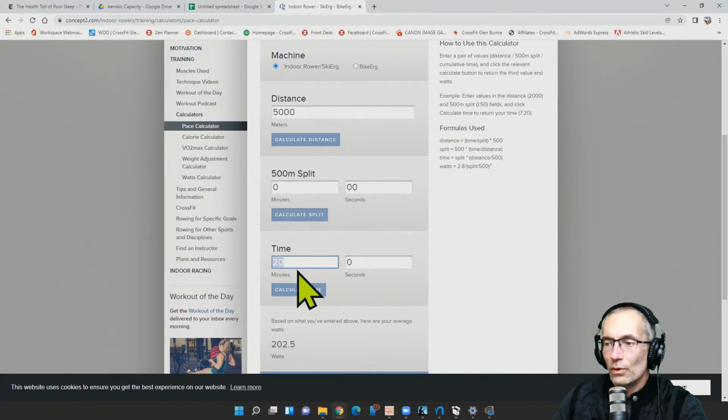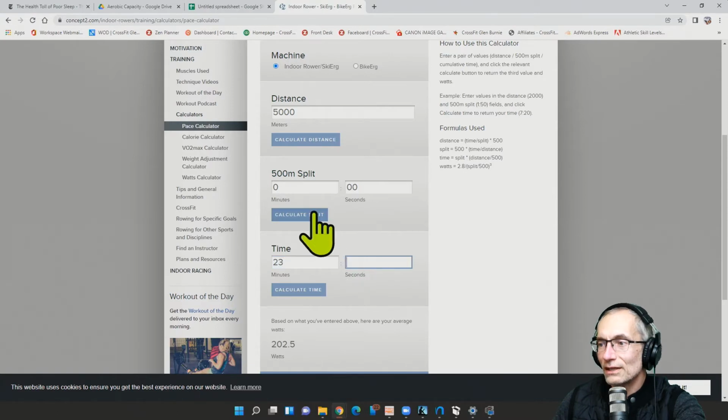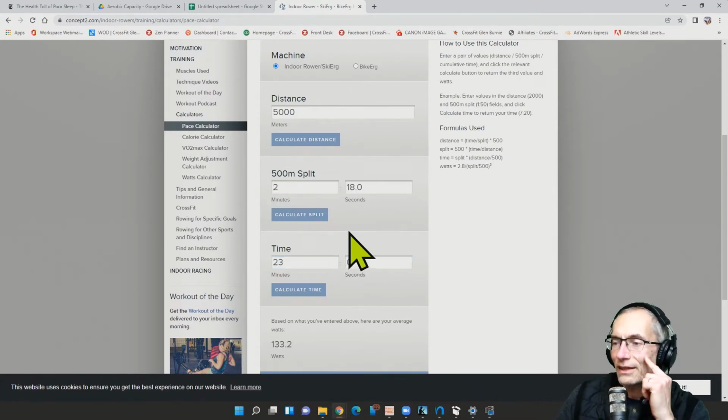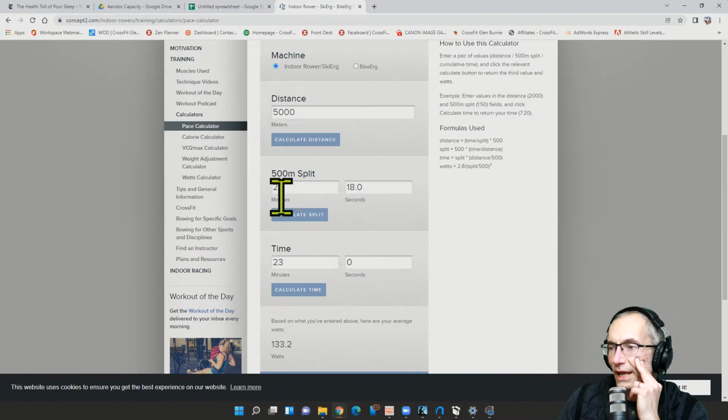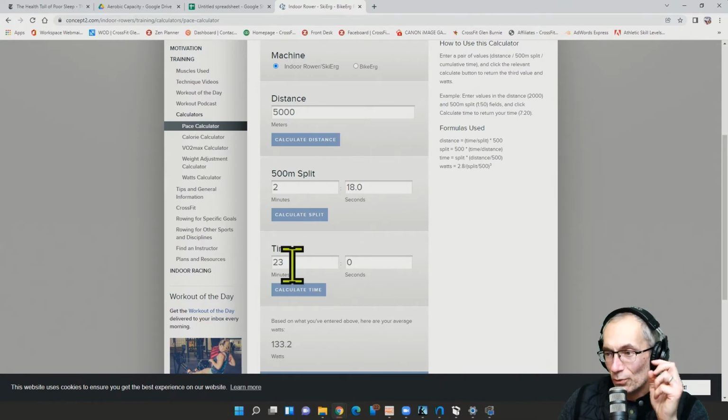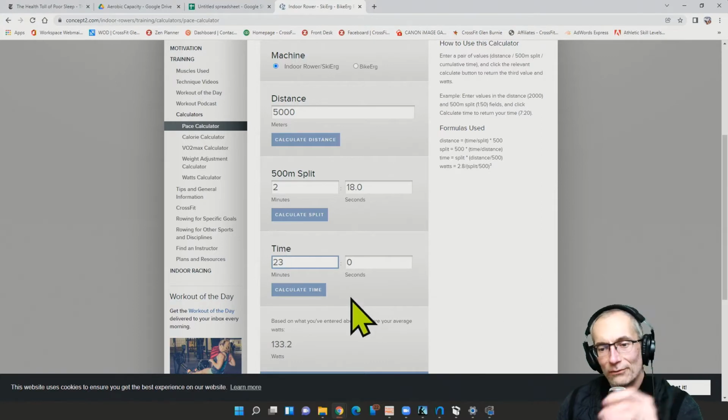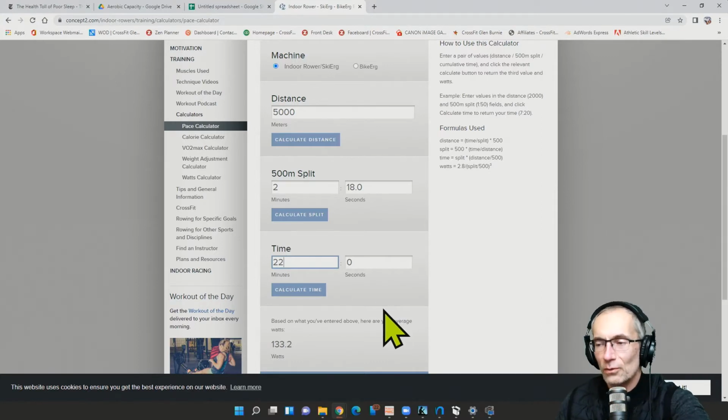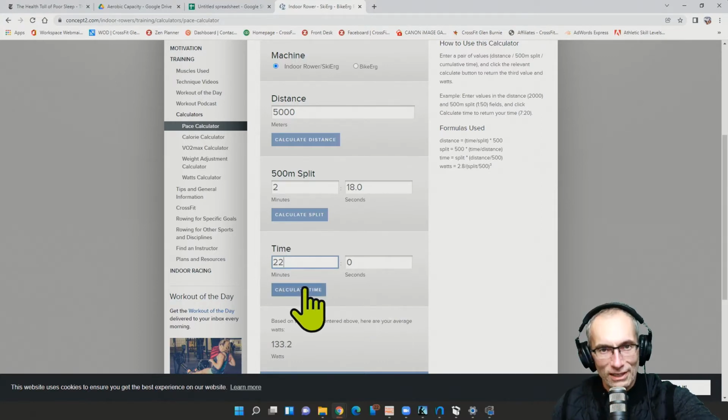So let's say it's 23 minutes, then we can calculate our split time. That would mean we need to row a constant 2 minutes and 18 seconds to finish at 23 minutes so that we have 2 minutes to do our wall balls.